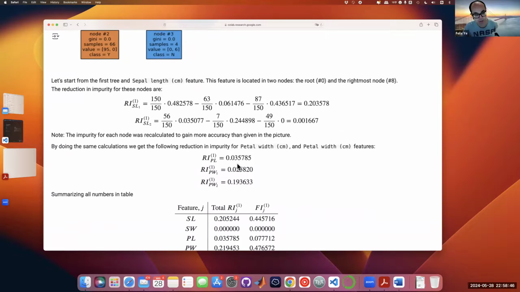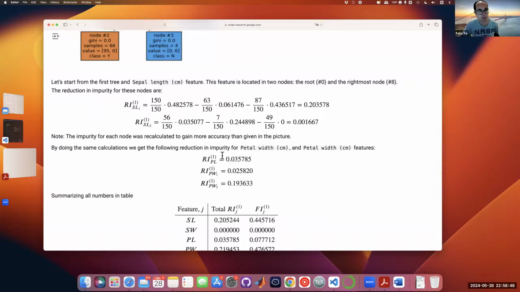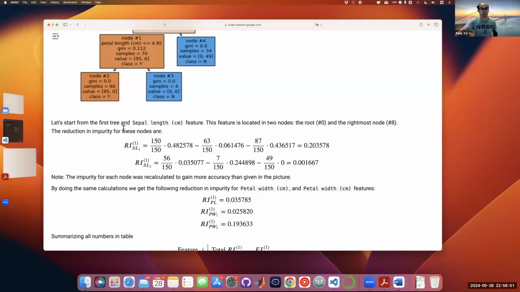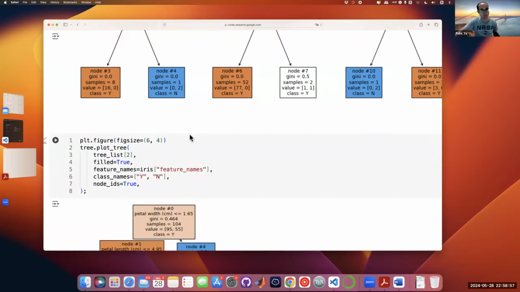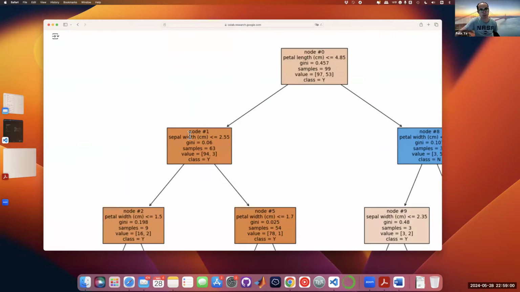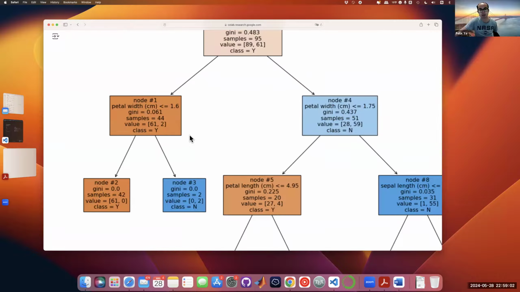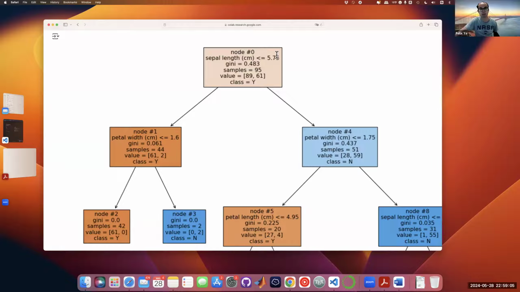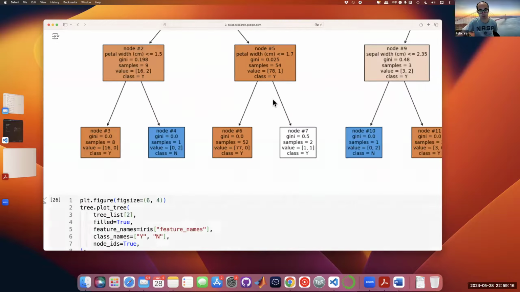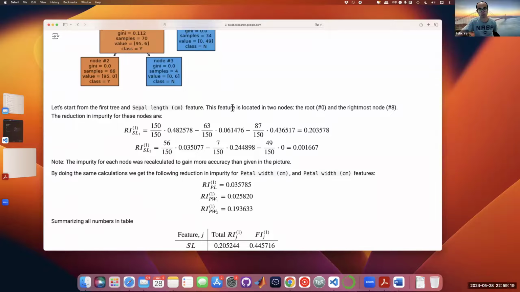So these are all the features. For the first tree, the split is on sepal length, and the point of separation is 5.75. That's the first node, which is my root. Then we have two nodes, the right and the left.